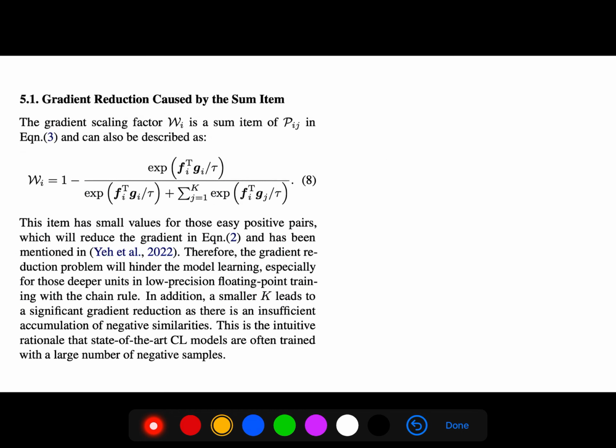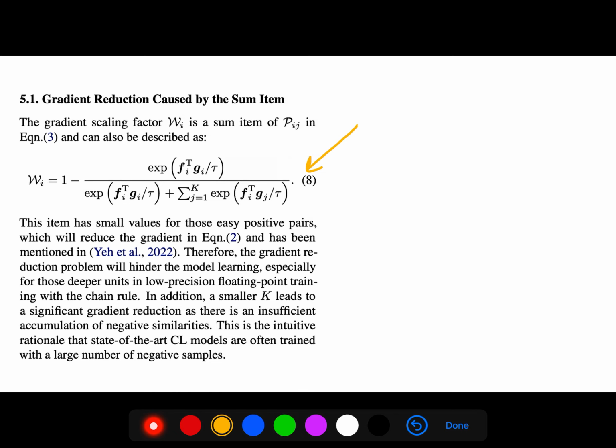Gradient reduction is caused by the sum item. The gradient scaling factor is a sum item of Pij and can be described here. This item has small values for those easy positive pairs, which will reduce the gradient in equation 2 and has been mentioned in 2022.